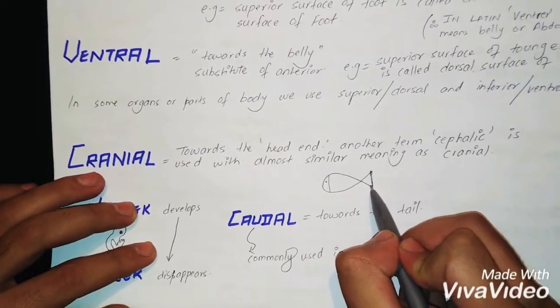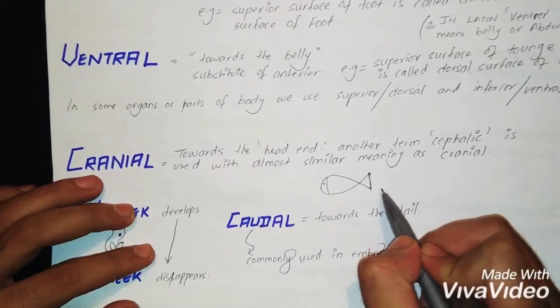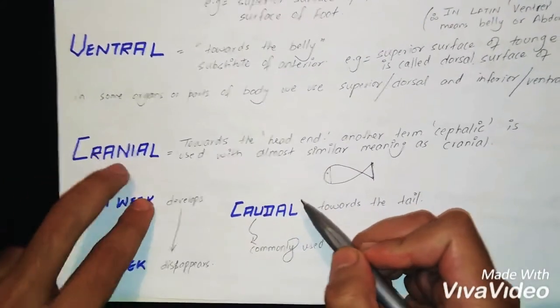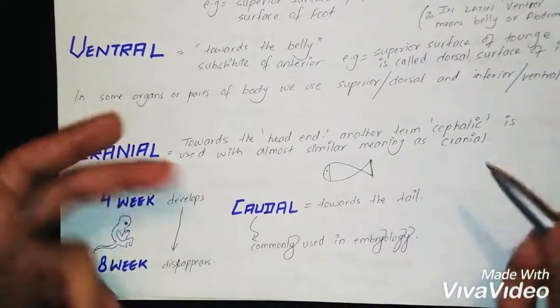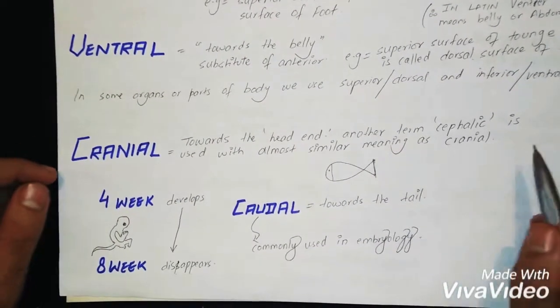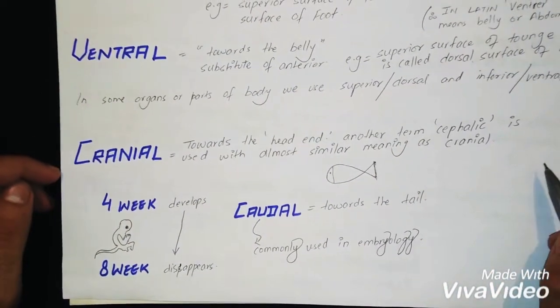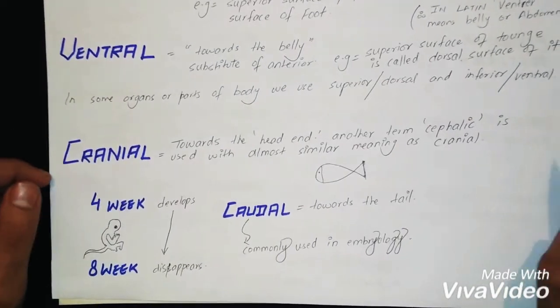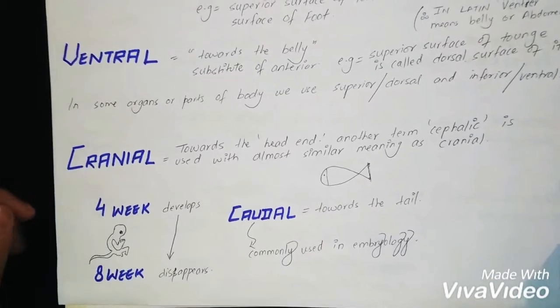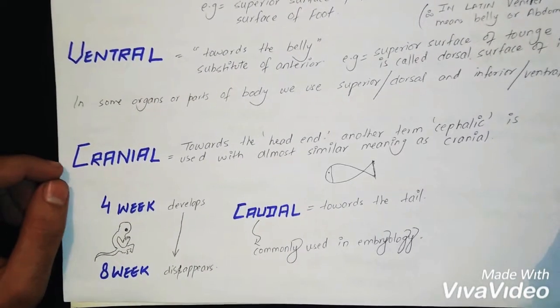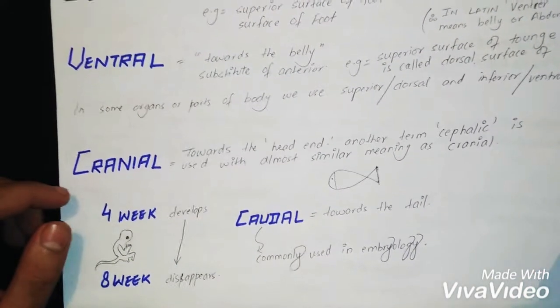The tail end is known as the caudal end, or towards the tail. Opposite to cranial is caudal. Caudal means towards the tail, commonly used in embryology because when you are 4 weeks old, you have a tail. So in embryonic terminology, we use caudal of the fetus or caudal of the zygote, and at the 8th week in embryonic life, it disappears.